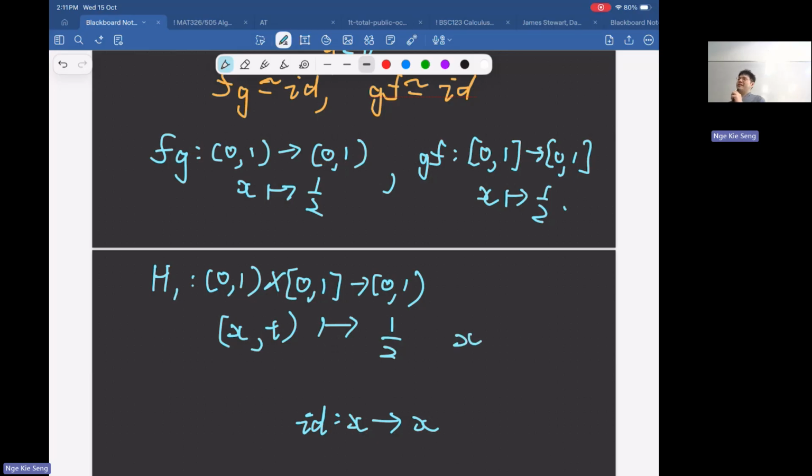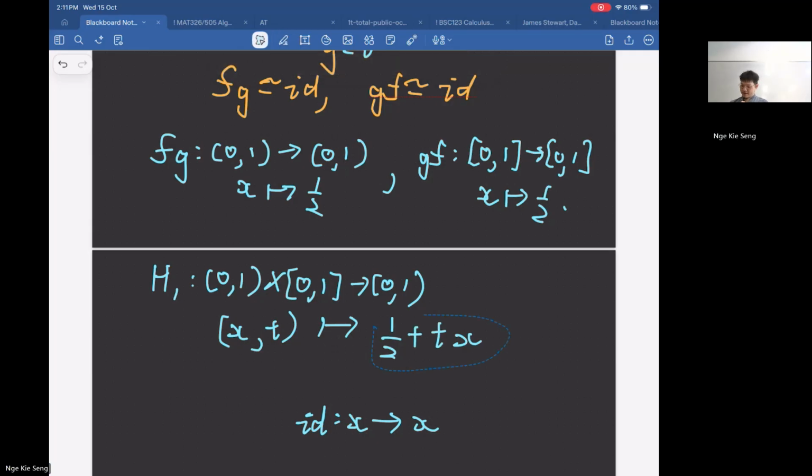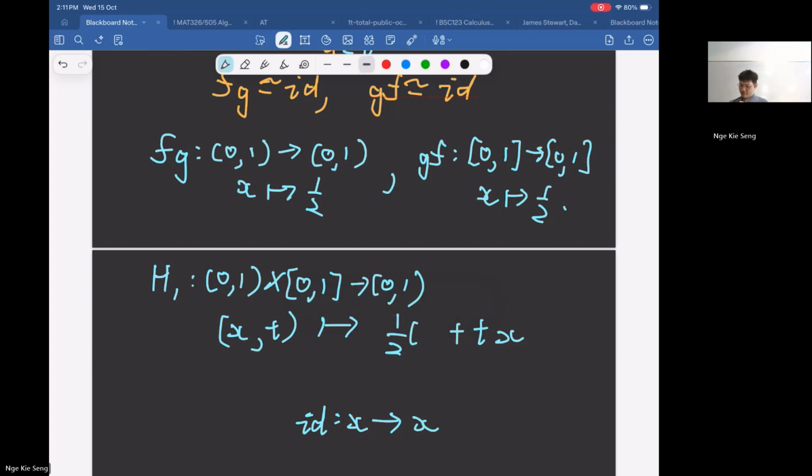So tx plus half times 1 minus t. When t is 0, you get half. When t is 1, you get x. And this is quite obviously continuous. It's like a polynomial, and polynomials are continuous.